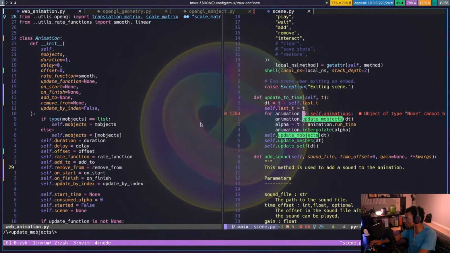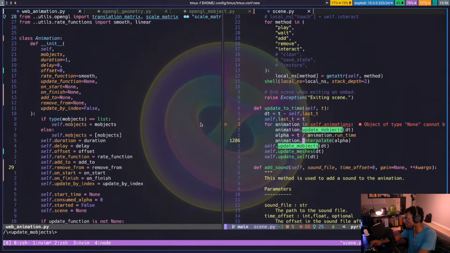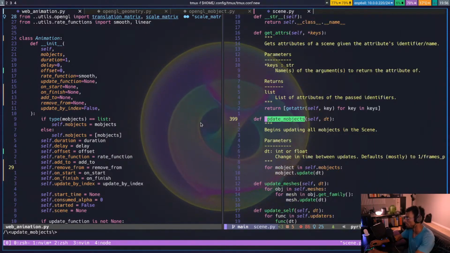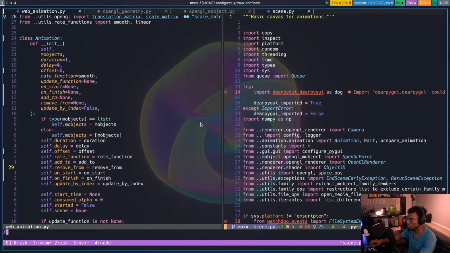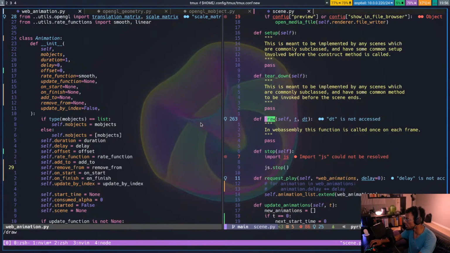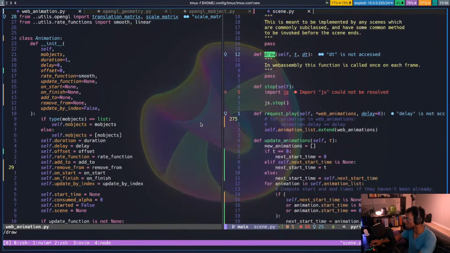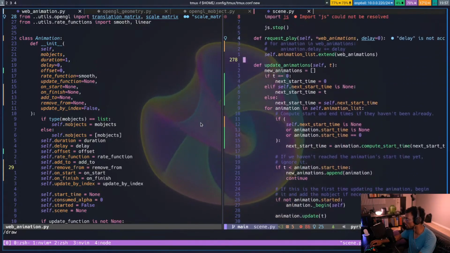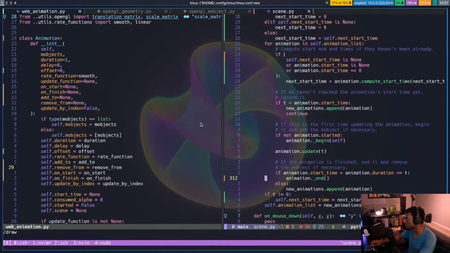Interact. Update to time. This is called from play. But I don't think this is called automatically anywhere. At least not in the WebGL logic. Unless I did do that. I think the WebGL logic just calls draw and it calls this update animations.